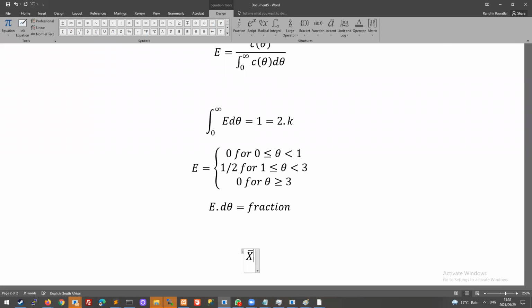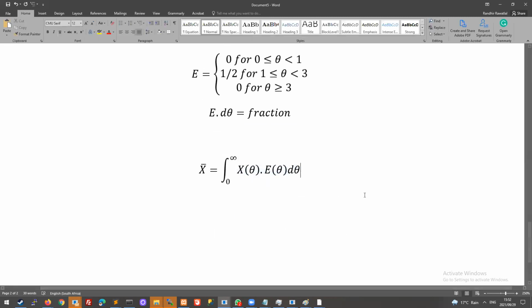If the reacting elements are fully segregated, then we've created a model called the segregation model, and using the segregation model, has this form. Right, now we've basically solved for part of this. We have E as a function of theta. We need X as a function of theta.